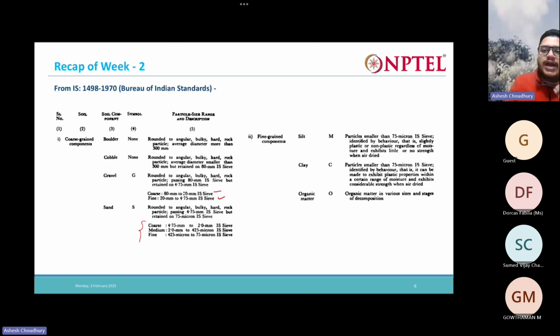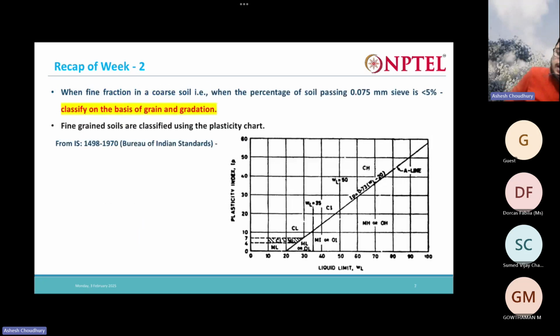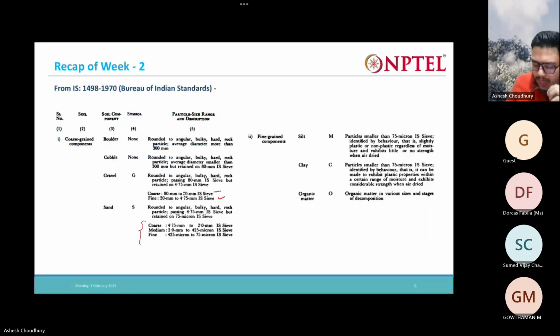Then after that we have fine grain components. Fine grain components can be silt, clay or other organic matter. Now silt particles have sizes less than 75 micron.